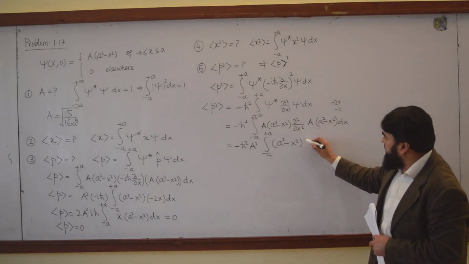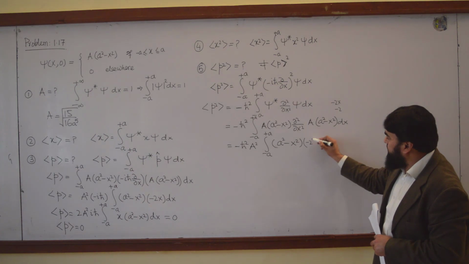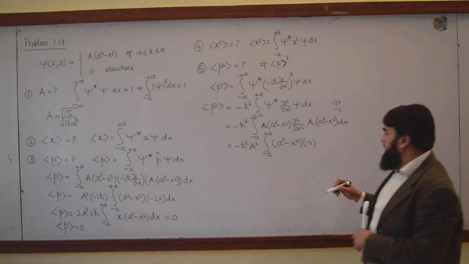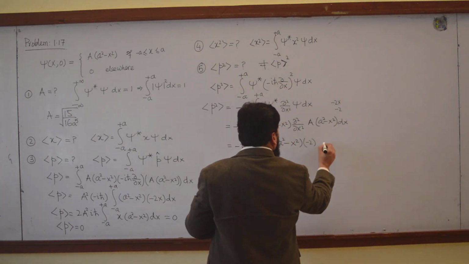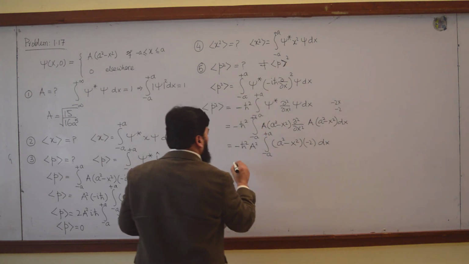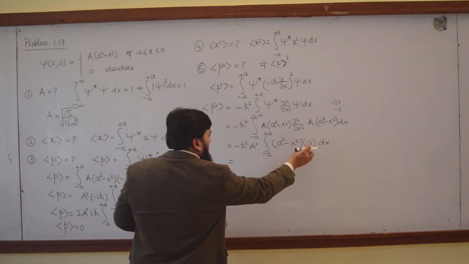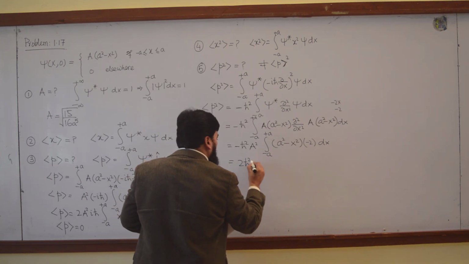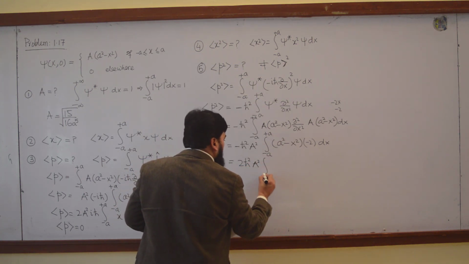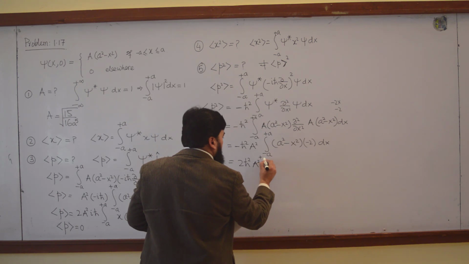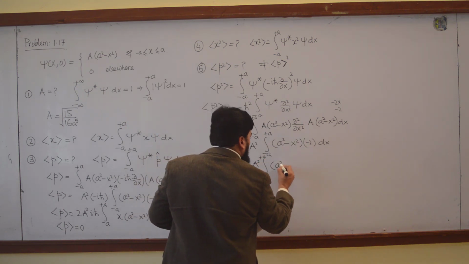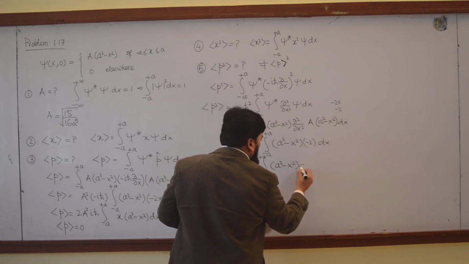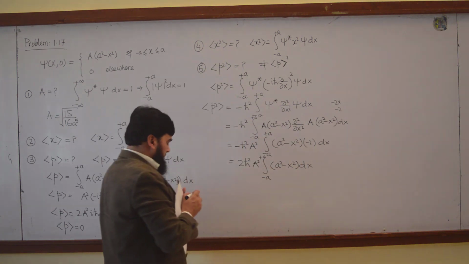So you got minus 2 here, and this dx will come in here. So minus 2 will come outside, it will become 2 h bar square a square, integral from minus a to plus a, a square minus x square dx.